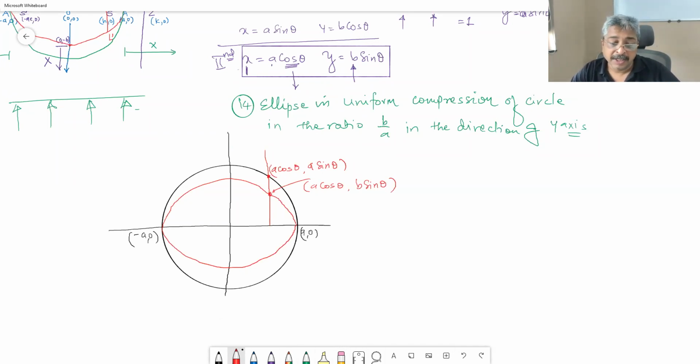Therefore, the theta you are talking about here is the angle whose measure you need to actually measure to get the point. So this is the theta. This is the angle theta that you are talking about. This is theta and this is not.